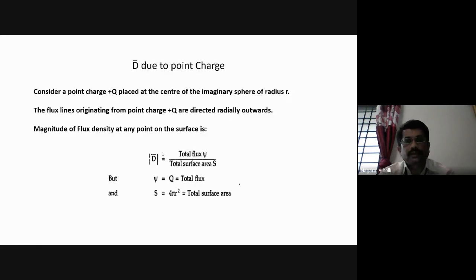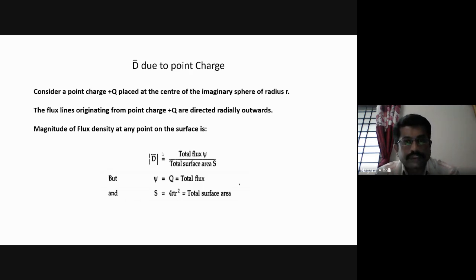Next, D bar due to the point charge. Due to the point charge, what will be the electric flux density? Let's see the formula and other related points. We are again considering the charge plus q placed at the center of an imaginary sphere of radius r, small r.